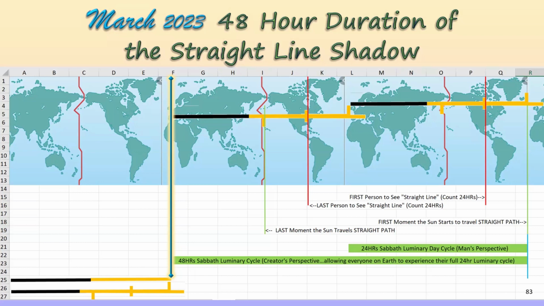You can just ignore the straight line for now and think of this as a typical Sabbath day. Look at column P. Somebody in the United States is getting ready to have their Sabbath. The sun is rising out to the east in column R, and that's when their Sabbath day begins.